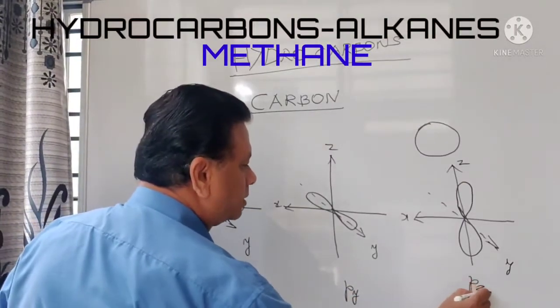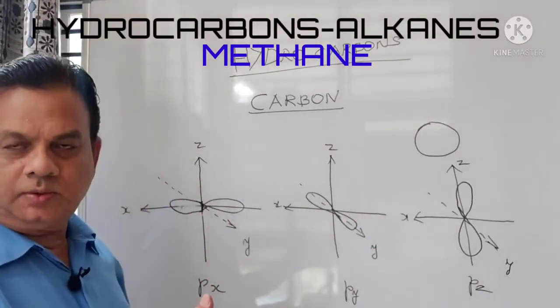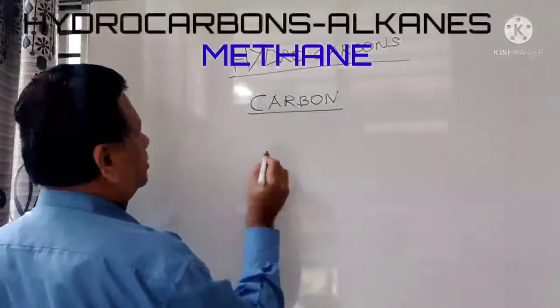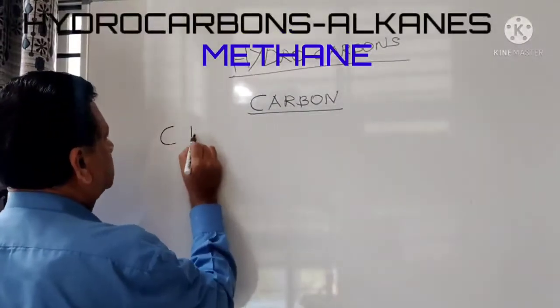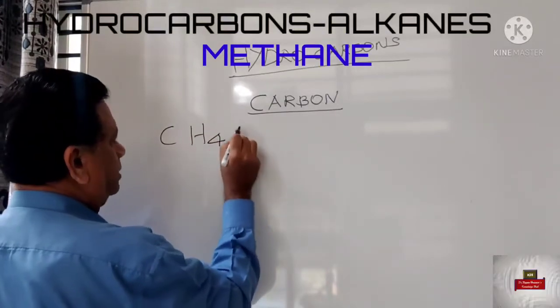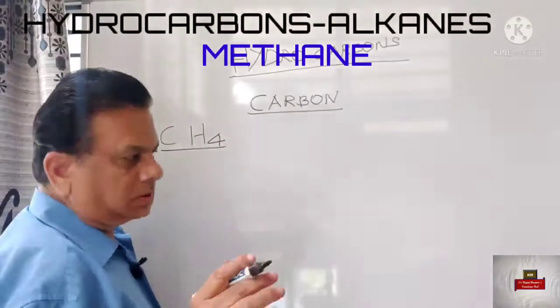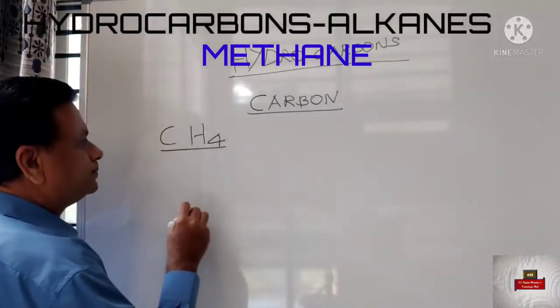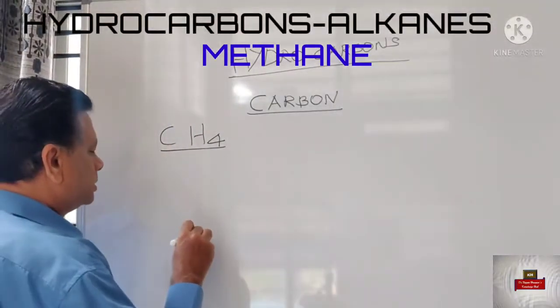Now this px, py, then this pz orbitals, they hybridize to form sp3 orbital. So we are talking about now methane. We are talking about methane and its structure. So this is sp3 orbital.